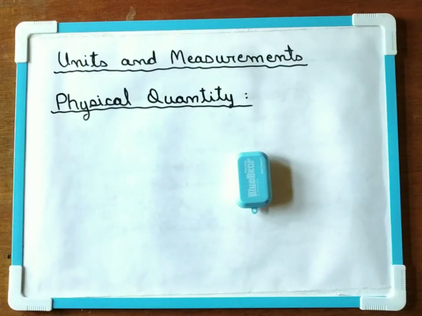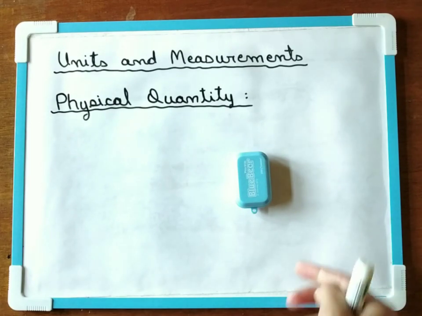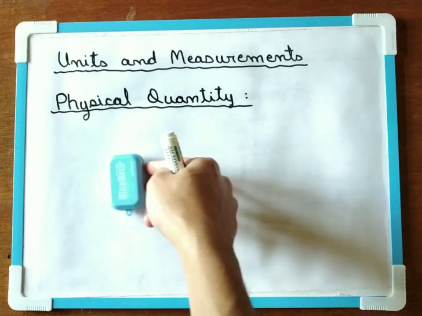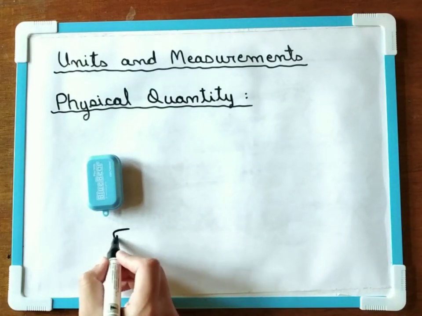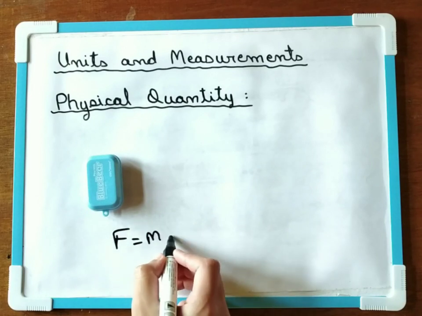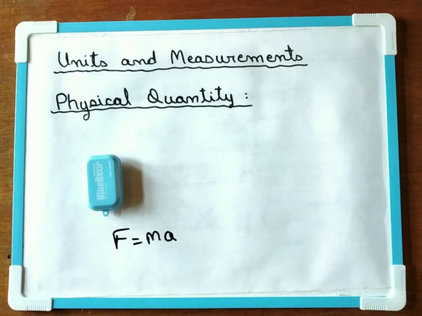The force can be measured if quantities like the mass of the object and the acceleration of the object are known, and the force which is required to move an object is given by this formula: F is equal to mass into acceleration. Now this formula can be derived from Newton's second law of motion. So your force here is equal to mass into acceleration.